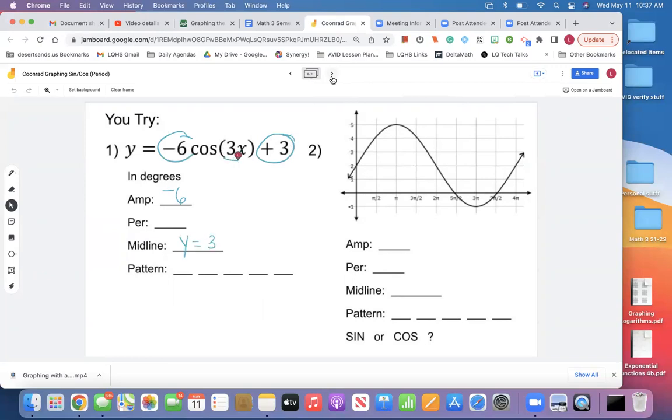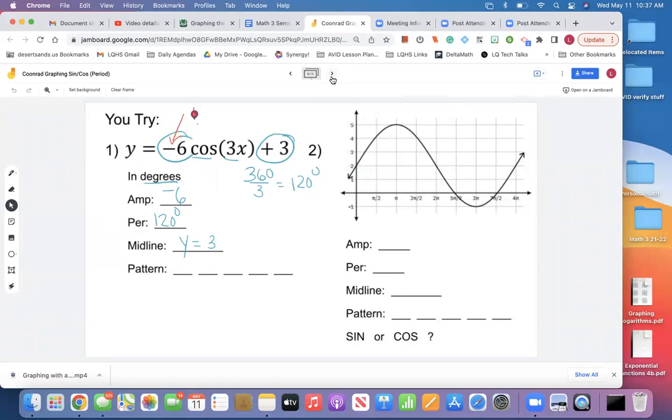Period is in degrees. So 360 divided by 3 is 120 degrees. Cosine, but alert. Okay, alert. Negative cosine.